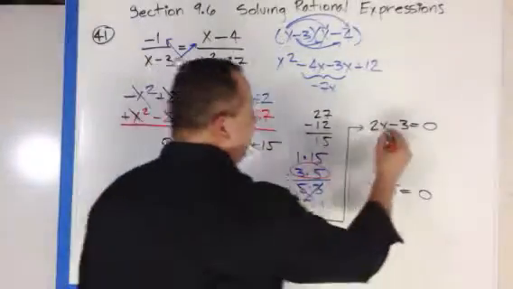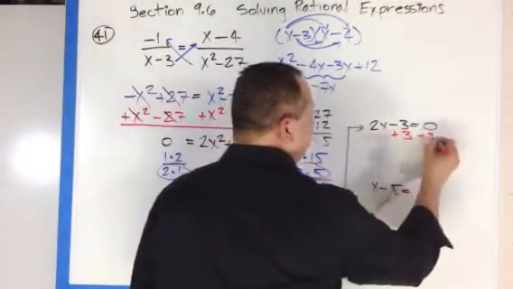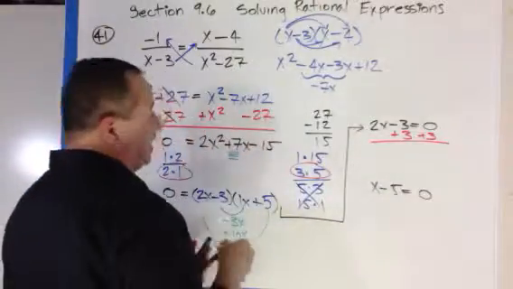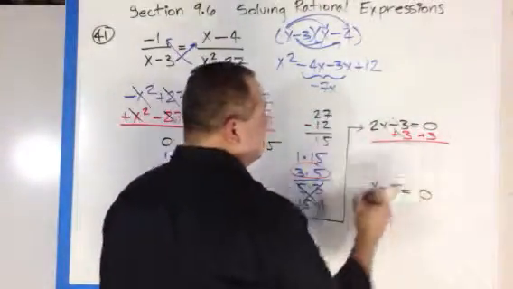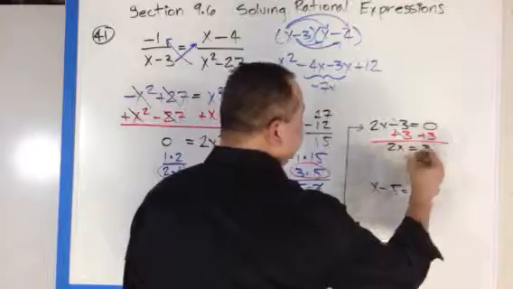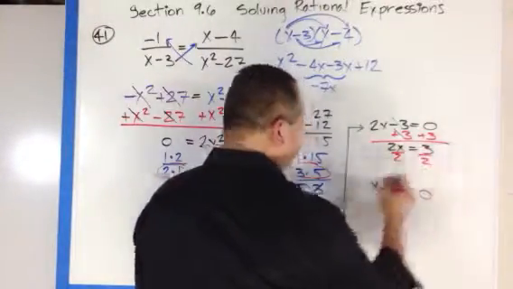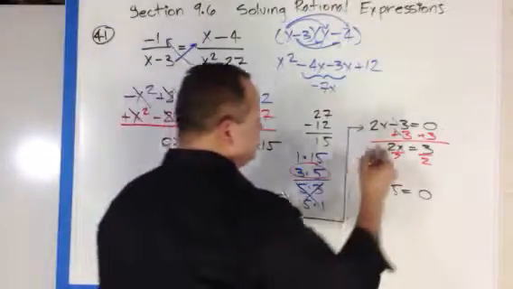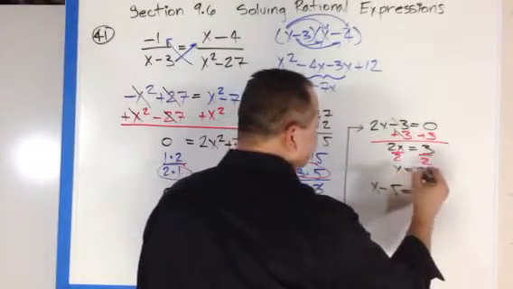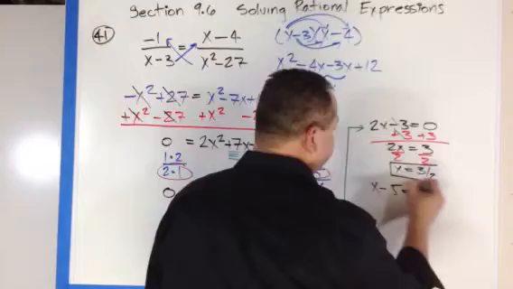So I'm going to add a 3, and add a 3. Again, my 3's cancel. So I'm left with 2x is equal to 3. Now I'm going to divide by 2, and our solution would be x is equal to 3 over 2.